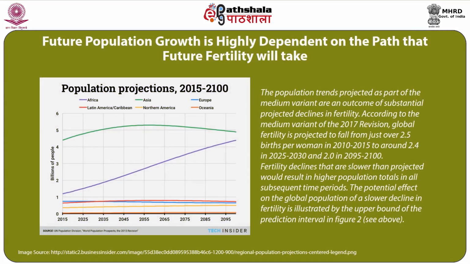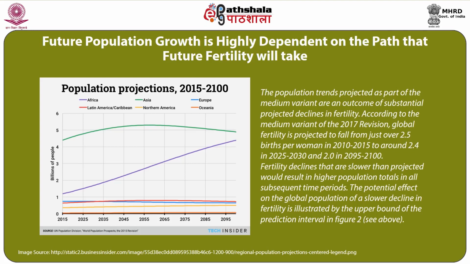Future population growth is highly dependent on the path that future fertility will take. Let us explain this. The population trends projected as part of the medium variant are an outcome of the substantial projected declines in fertility. According to the medium variant of the 2017 revision, global fertility is projected to fall from just over 2.5 births per woman in 2010 to 2015 to around 2.4 births in 2025 to 2030 and 2.0 births in 2095 to 2100.